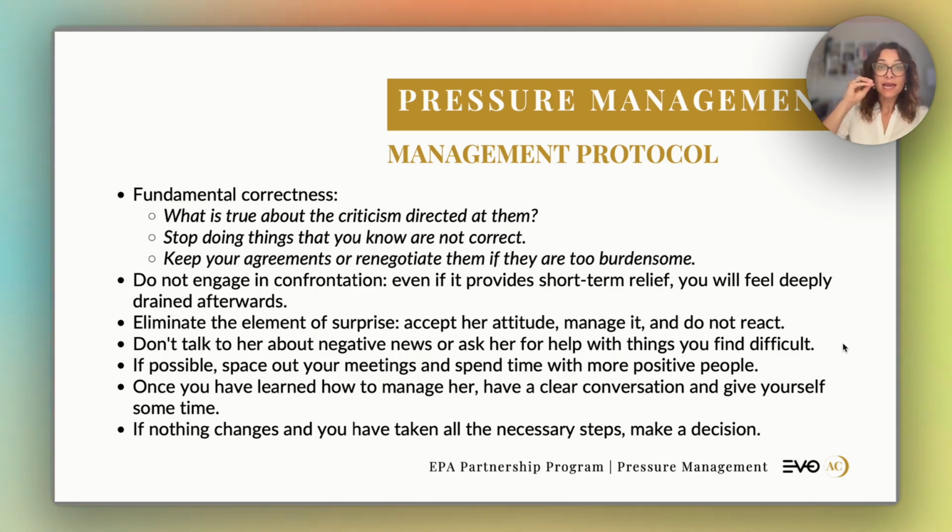However, this is a management protocol. And as you can see, this second last step comes right before the end, because first we need to regain energy and hold it. Okay, so we must accompany our client to follow these steps in this order. Obviously, if nothing changes in the relationship with their toxic person, then they're just going to have to make a decision.